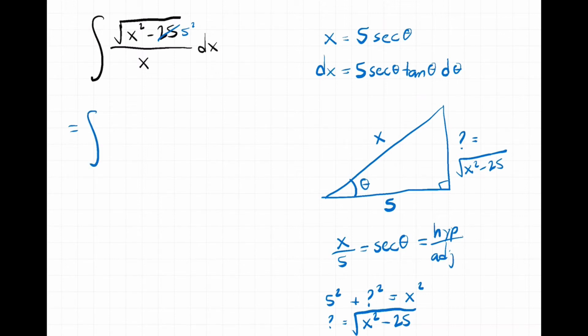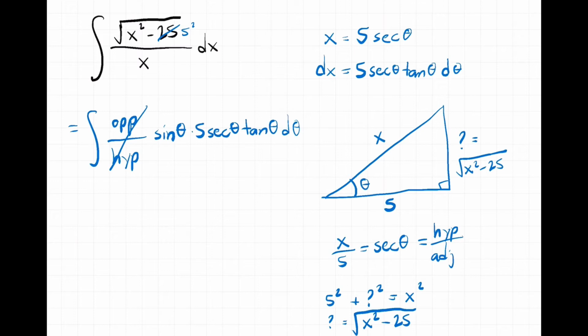This is actually the opposite side divided by the hypotenuse. So I can cross that out, and I could say, well, that's actually the sine of theta. This is the sine of theta times dx, and dx is 5 secant theta times tangent of theta, d theta.